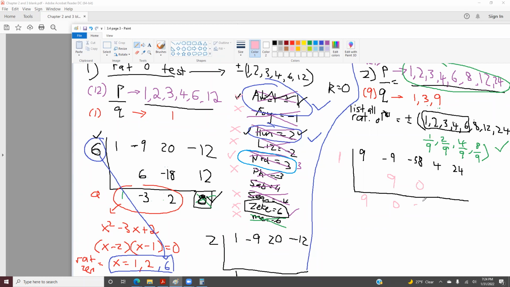So this is -58. 1 times -58 is -58. This is -54. Doesn't look like it's gonna work in this case. Got it. Thank you for showing me. Make sure, class, we did this last Wednesday, so make sure you practice this. 4 is a no. Thank you, Sabrina.